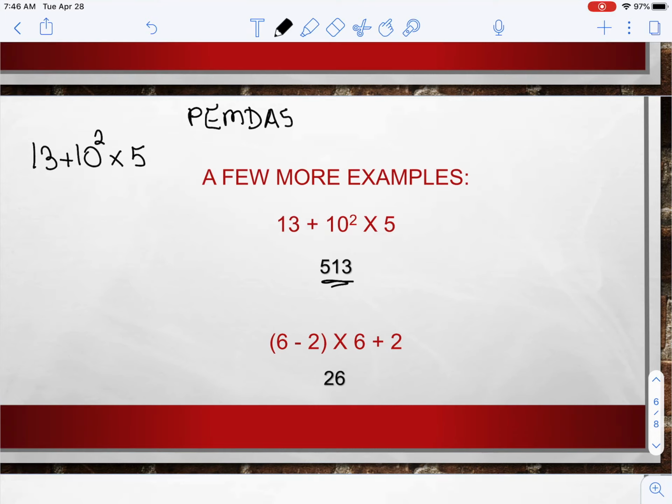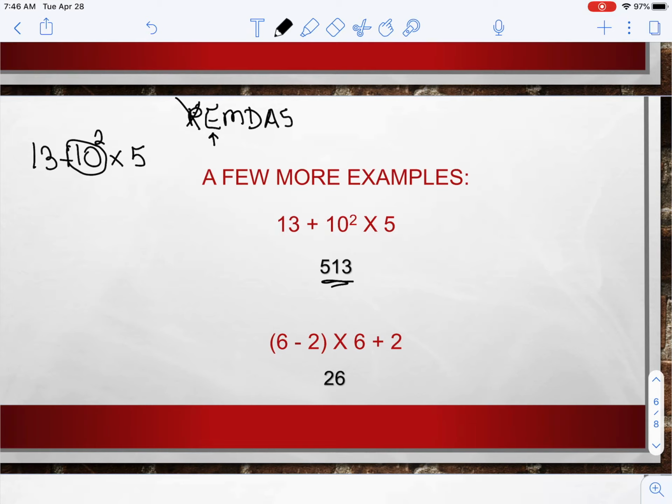So do I have any parentheses? No. Do I have an exponent? Hey, I do. So remember, 10 to the second power means 10 times 10. When you have an exponent, it's just the base number times itself. And we times itself 2 times, so 10 times 10.